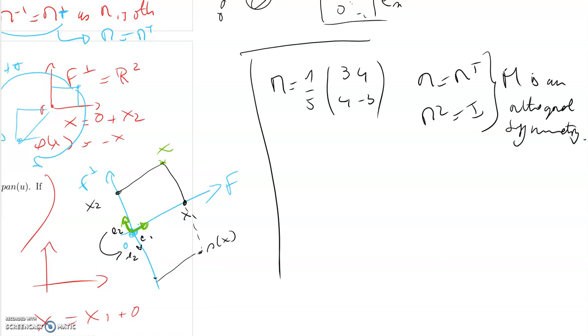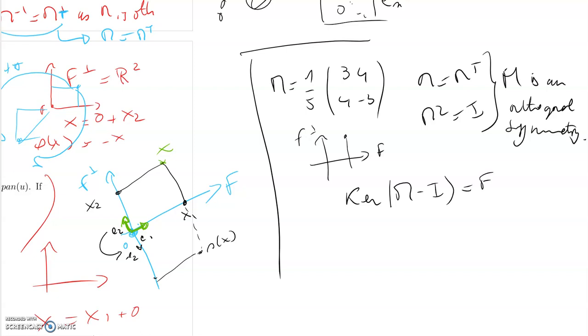Okay, that's one thing. And then how do you find the axis of the symmetry, so the F, and of course the F orthogonal is going to be set. For the axis of the symmetry, you compute the kernel just as you did before with any symmetry. So you compute the kernel of M minus the identity, and that's going to be the F space.